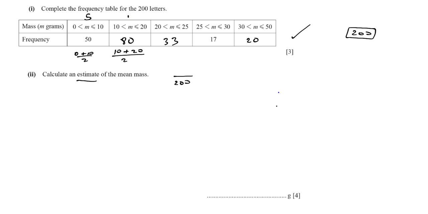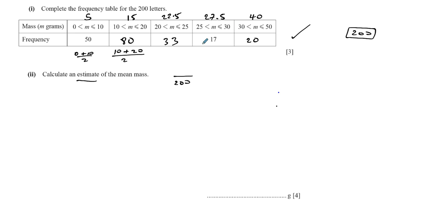That's going to be 15. 20 plus 25 divided by 2 will be 22.5. 25 plus 30 divided by 2 will be 27.5. And 30 plus 50 is 80, divided by 2, which will be 40. You don't really have to do that calculation unless the numbers are more difficult. You can see quite easily what the midpoint of those two values is.